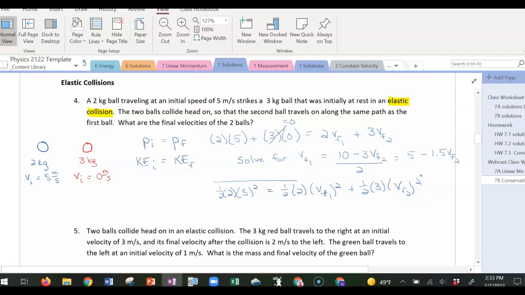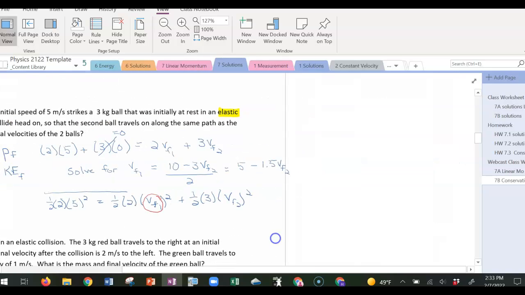Okay, I'm going to replace this with this thing squared. So VF1 squared would be 5 minus 1.5 VF2 times 5 minus 1.5 VF2.